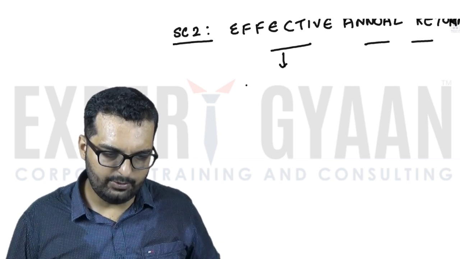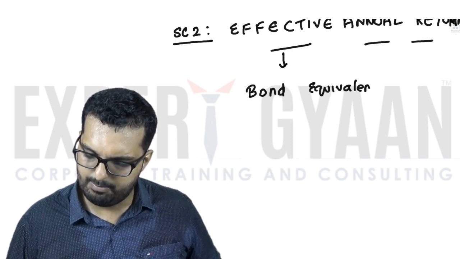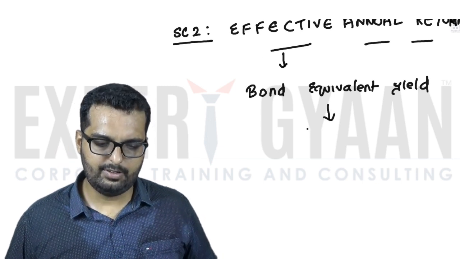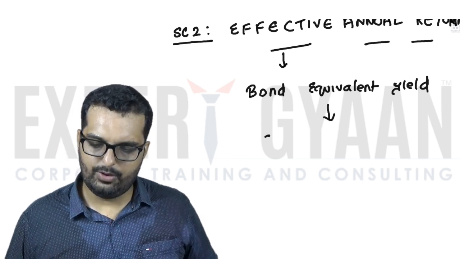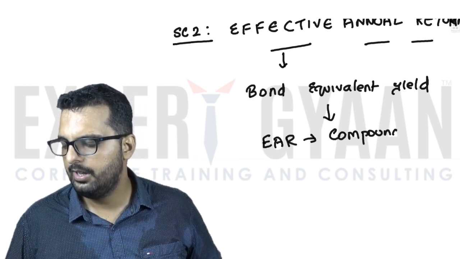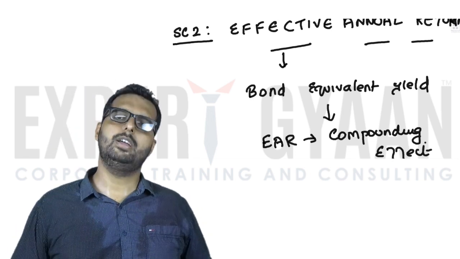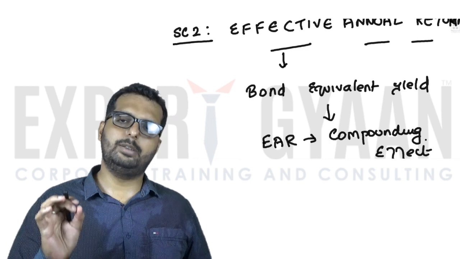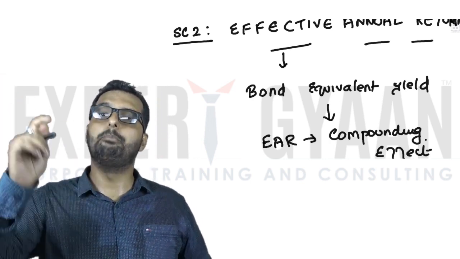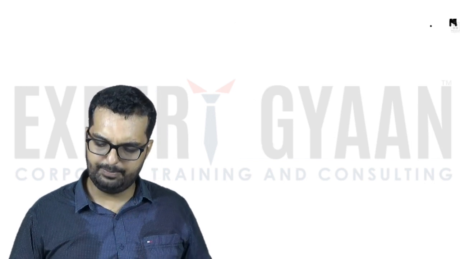Friends, effective annual return is exactly the same as bond equivalent yield, but the only difference is that in effective annual return, that is EAR, we also consider the compounding effect. Okay, you won't understand it this way. Let me repeat. In effective annual return, we have something called the compounding effect. I will show you this in a fresh page.